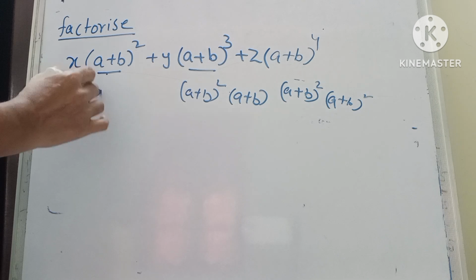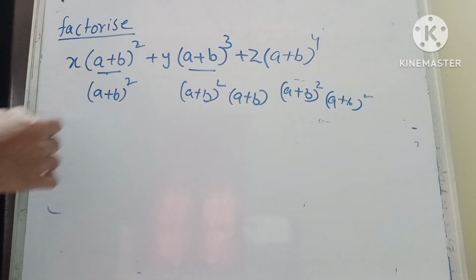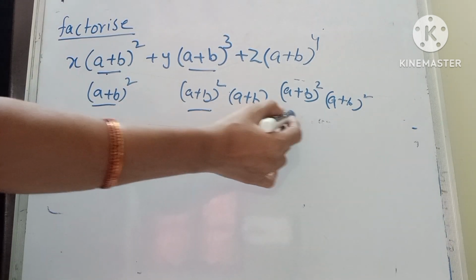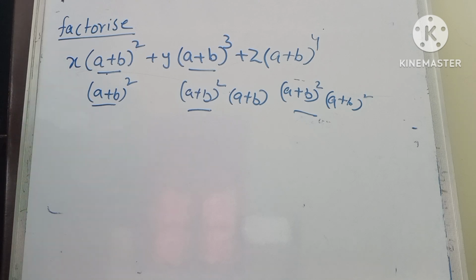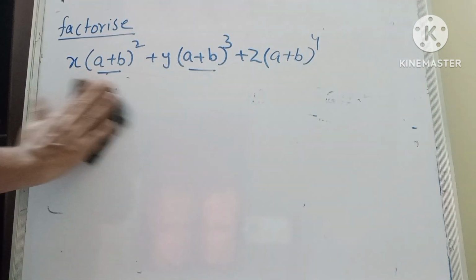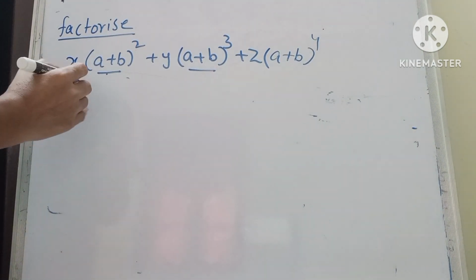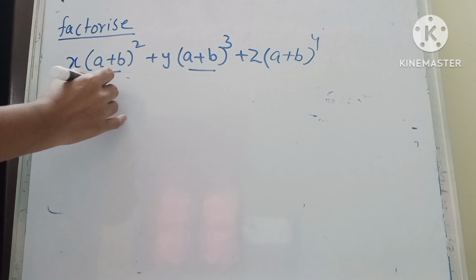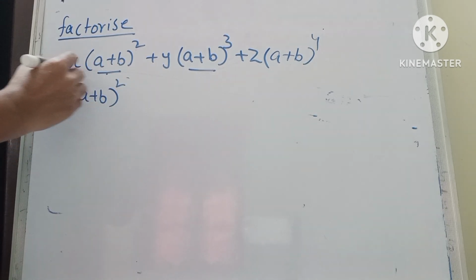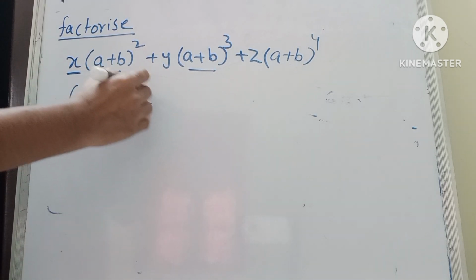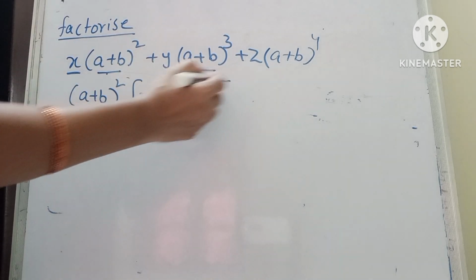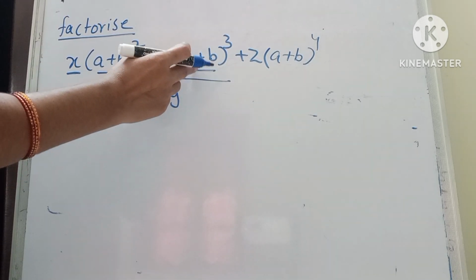Right? So among all of these, the common factor is a plus b whole square. So write the common factor out and the remaining factors inside the brackets. A plus b whole square, remaining factor x into x, plus, look at the second expression, y into a plus b whole cube.